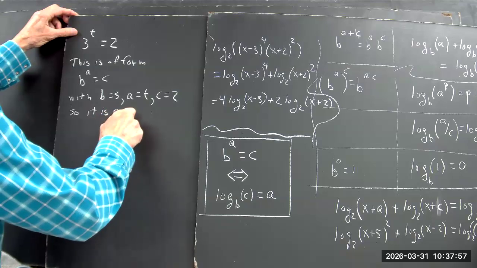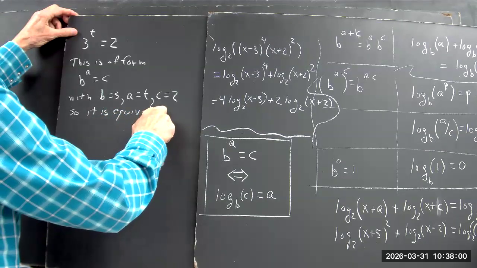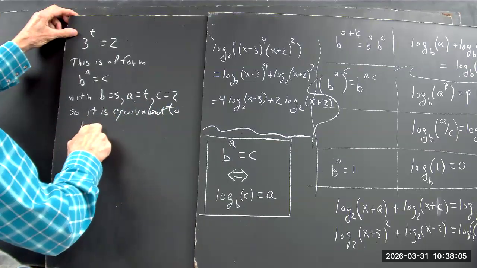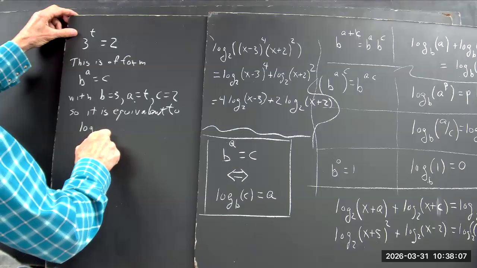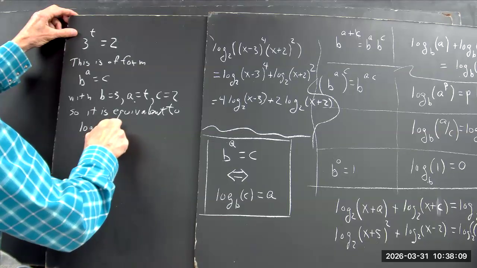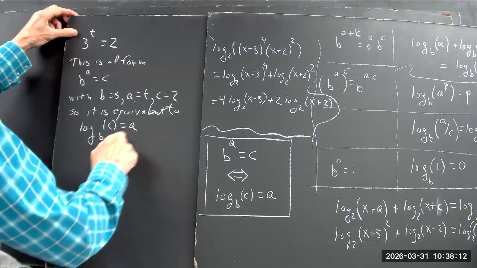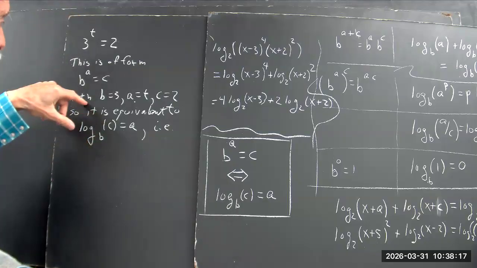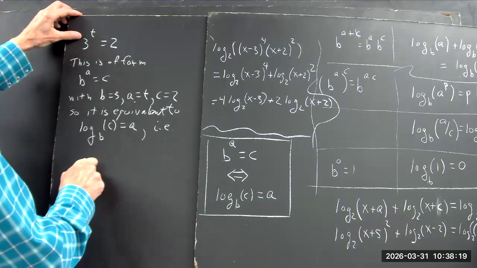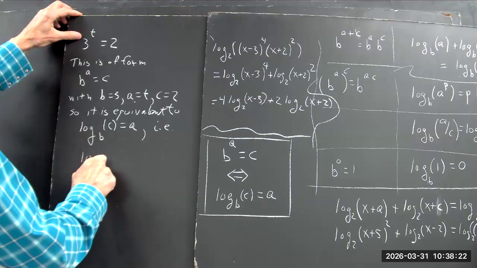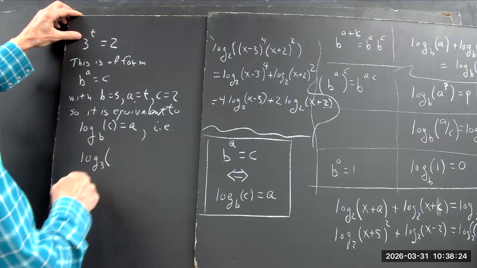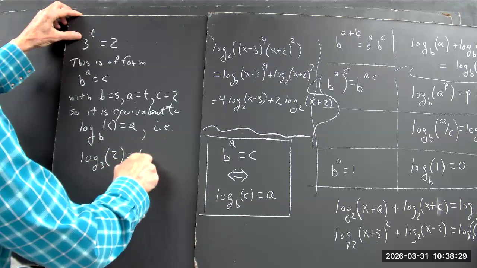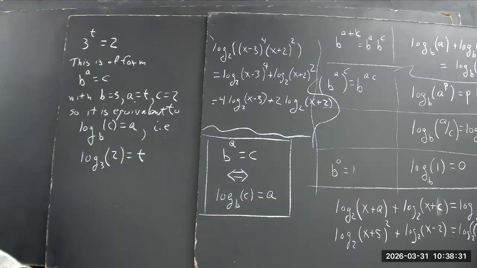So I could say it is equivalent to log base b of c equals a, i.e., using the values we've identified for a, b, and c, log base 3 of 2 equals t.